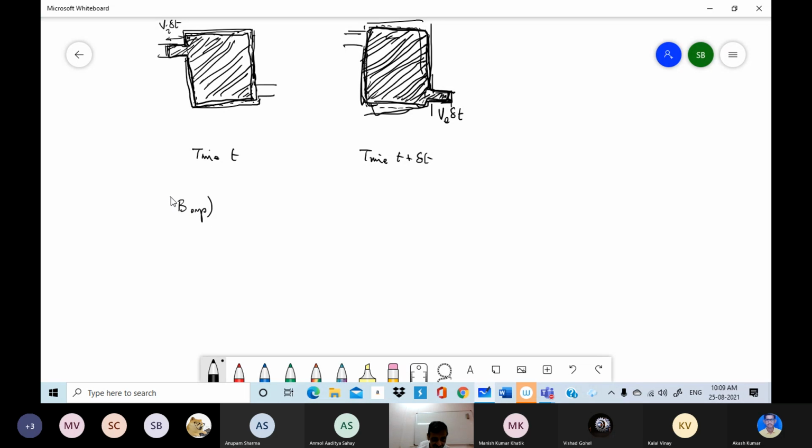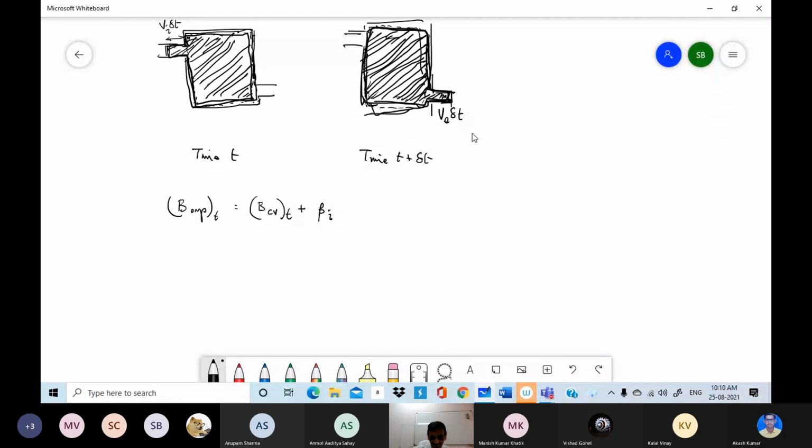So B of system at t would be B of control volume at t plus delta t, so I have to take into account the B in this extra region. So it would be beta i.